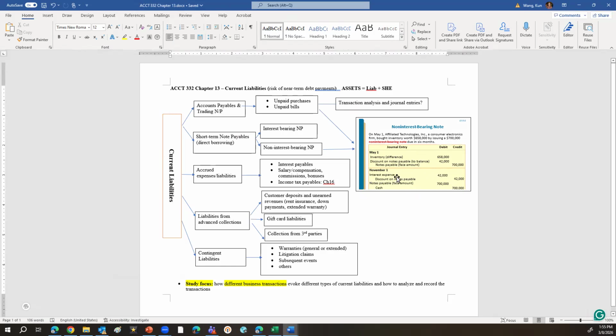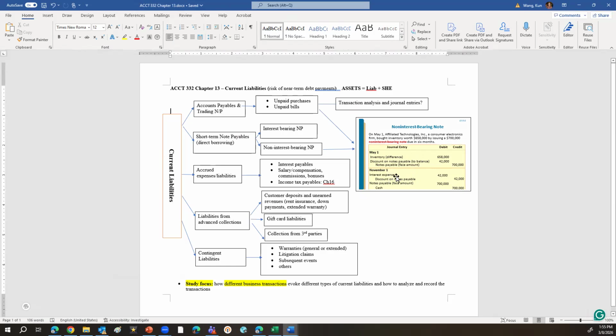Then on November 1st, that's the maturity time of the notes, when the note is due. First, you recognize the interest expense and reduce all of the discount. In the beginning, because of the accrual basis, we couldn't put the interest expense yet. So we have to use an intermediary account, discount on notes payable, to represent the total interest.